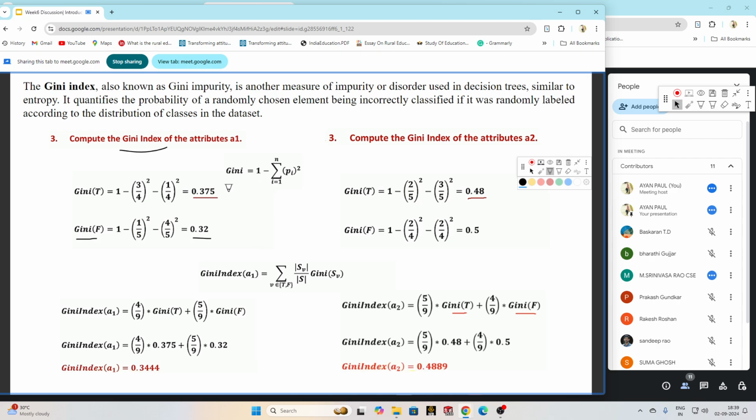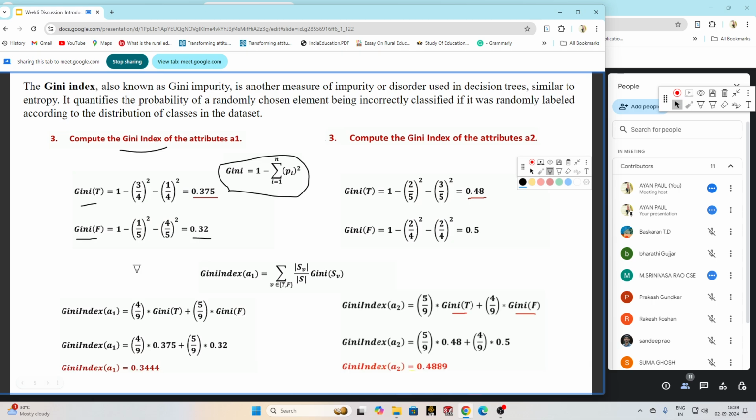Again I am repeating, this is the formula of the Gini index: 1 minus sigma i equals 1 to n, pi squared. What is i? i is the class in that particular attribute, so i equals 1 to n. And pi is the probability of that class belonging to that attribute. By that you will find the Gini of true as well as the Gini of false.